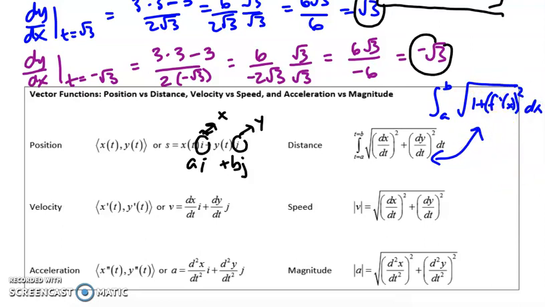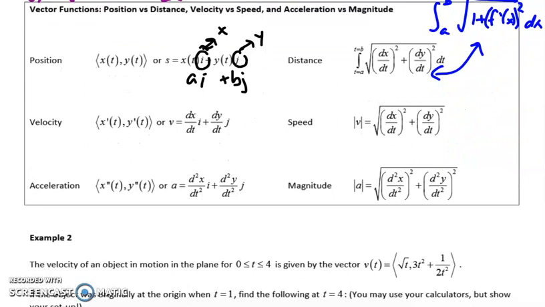So then speed, which is, as you know, the absolute value of velocity, is basically the distance formula without an integral. So this one I just want you to memorize. And then magnitude, again, which is the absolute value of acceleration, same as speed, is without an integral, just a square root, but this time it's the second derivative of x squared plus the second derivative of y squared, all square rooted.